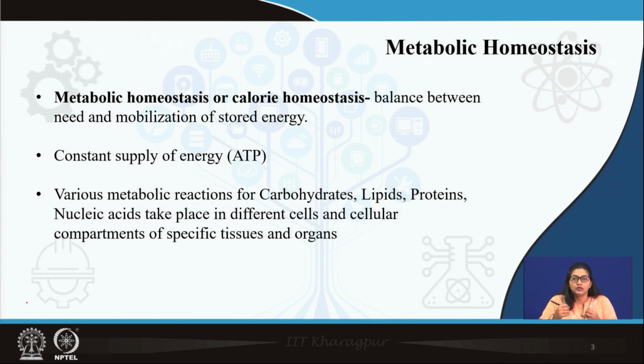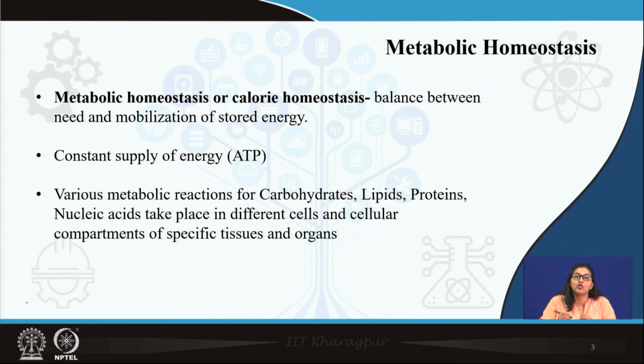Now that energy either can be utilized based on the requirement or can be stored for further usage, which can be derived from the storage on demand, as well as energy can be utilized for synthesizing different biomolecules. Now that is the homeostasis or balance.